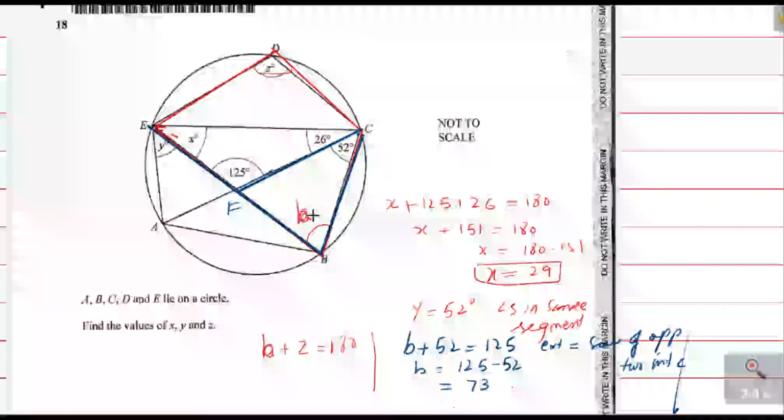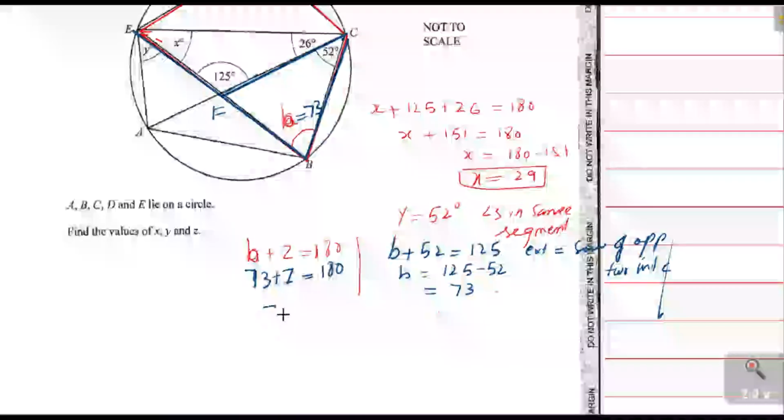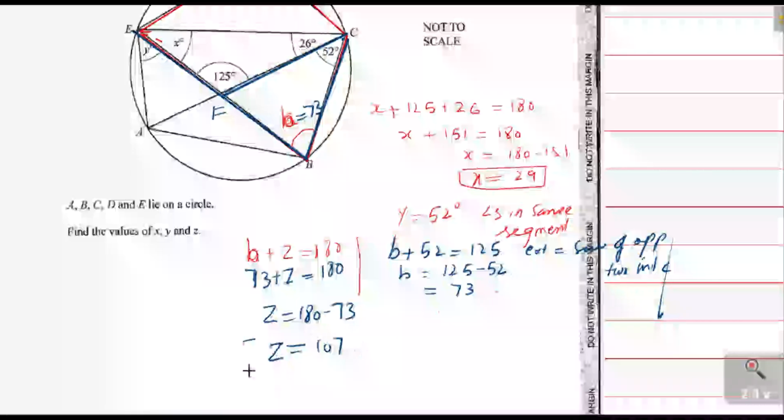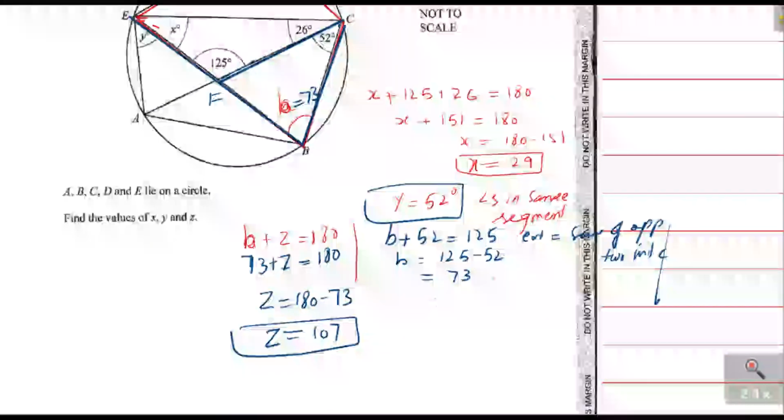And we write this angle 73 degrees. Here B is 73, then B plus Z equal to 180, so 73 plus Z equal to 180. Z will be equal to 180 minus 73, and this will be equal to 107. Therefore, X equal to 29, Y 52, Z is 107, and this is the answer.